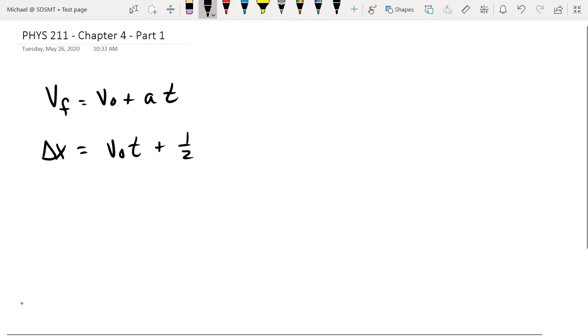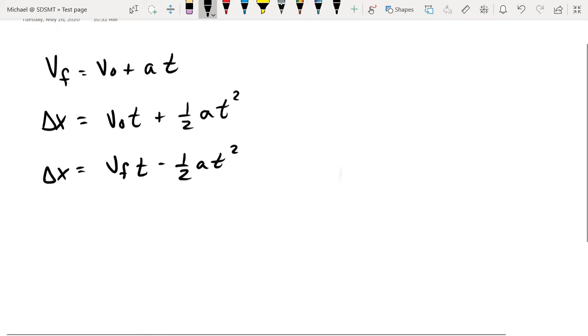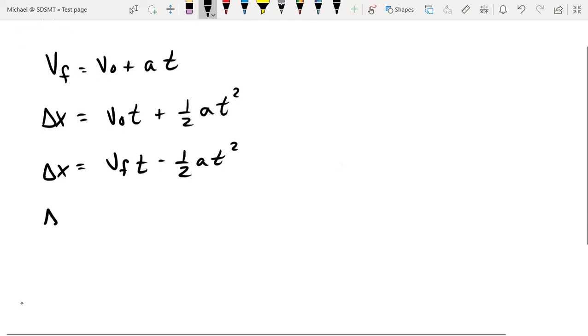And so we have at squared. Oops, that needs to be final. So all these equations should be in your notes back in Chapter 2 material.